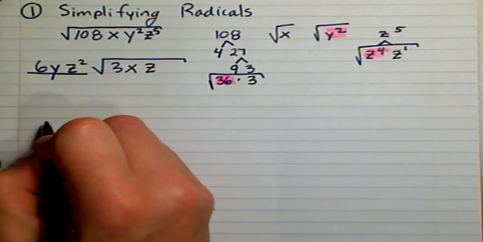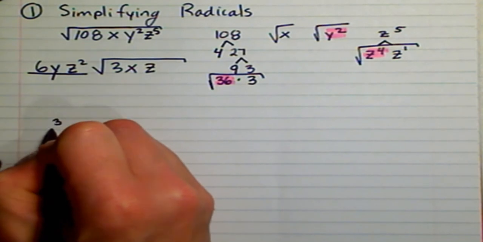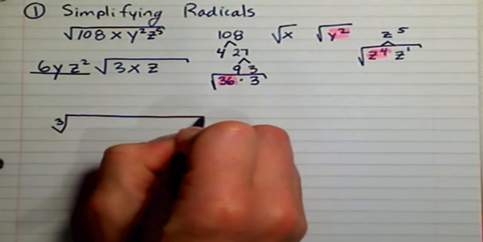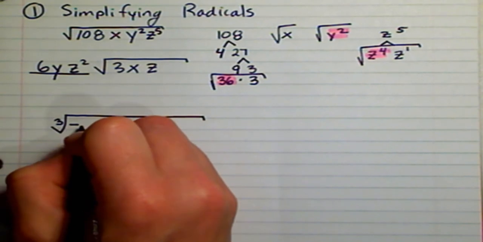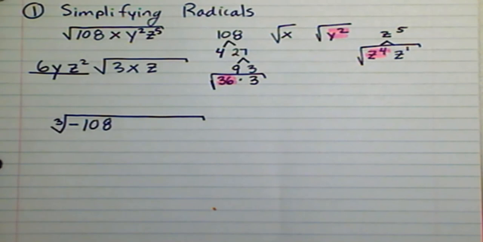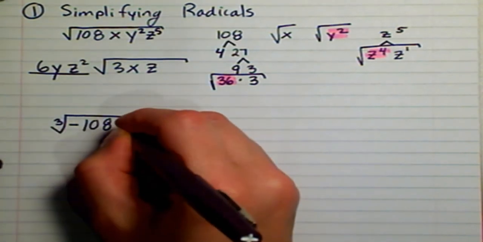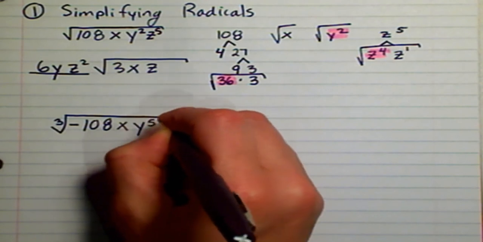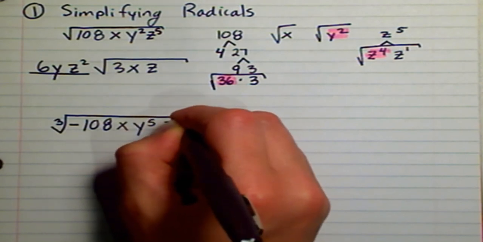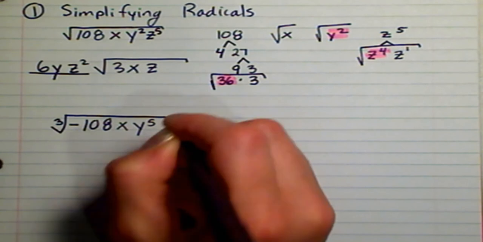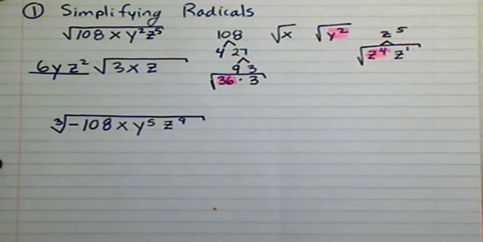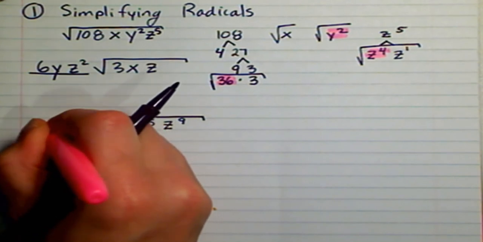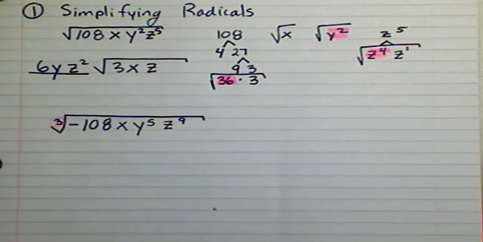Cube root. Negative. I feel like doing 108 again so that we can see some of the differences. x, y to the fifth, z to the ninth. Okay, cube roots. This time we're looking for perfect cubes.